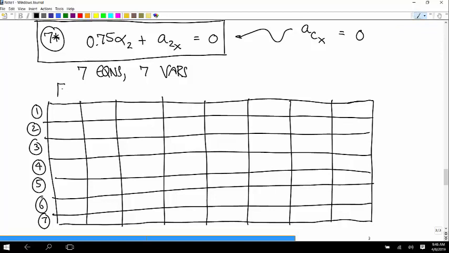And the variables are f12x, f12y, alpha 1, and then I guess I'll do it RC, A2x, A2y, and alpha 2. And then the constants.